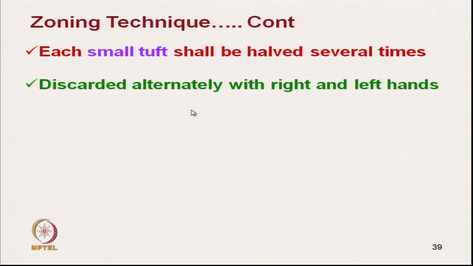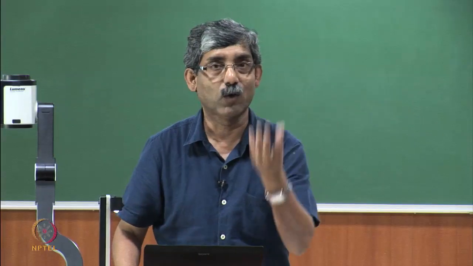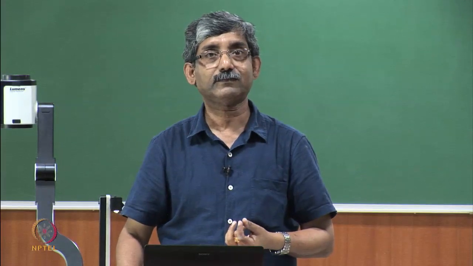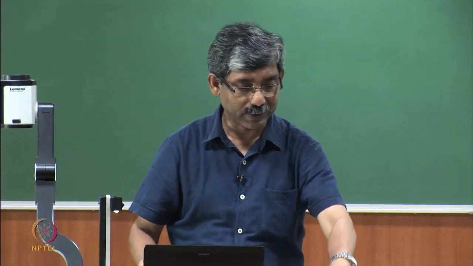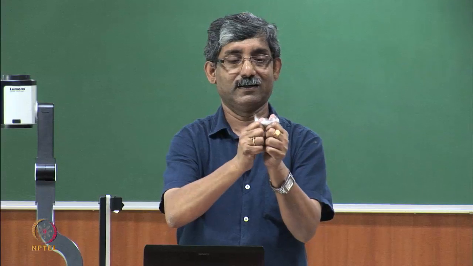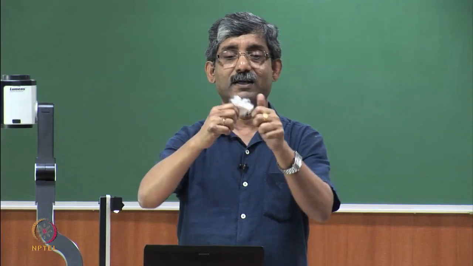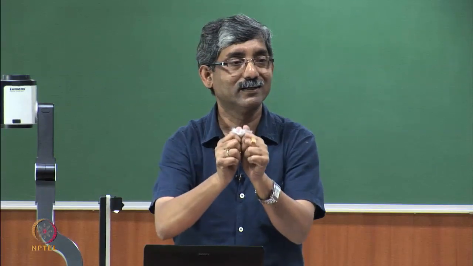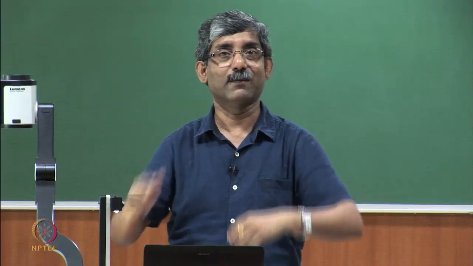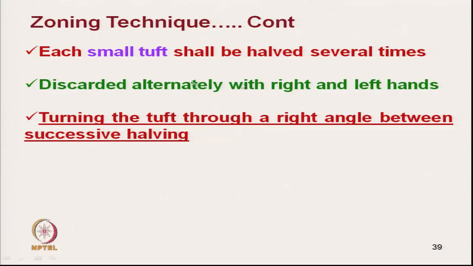Discard alternatively with right and left hand, and keep on reducing the quantity. After each discarding, we have to rotate it so that you are again randomizing, turning the tuft through a right angle between successive halving.